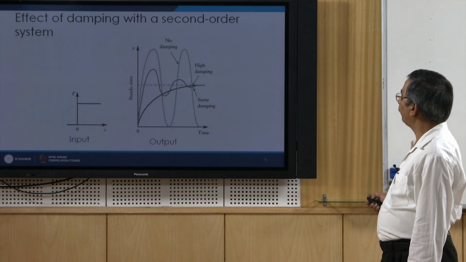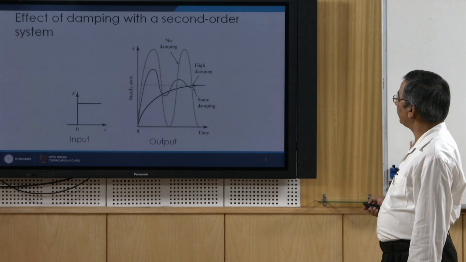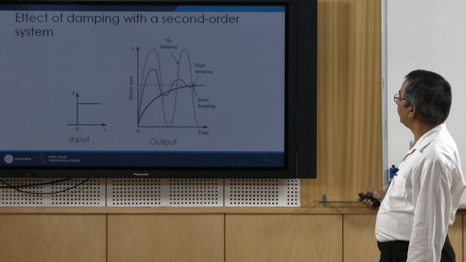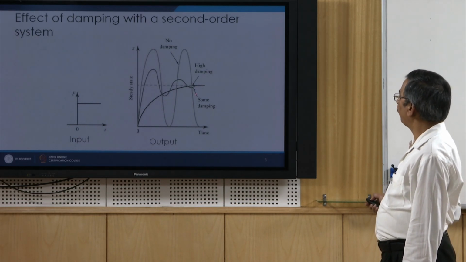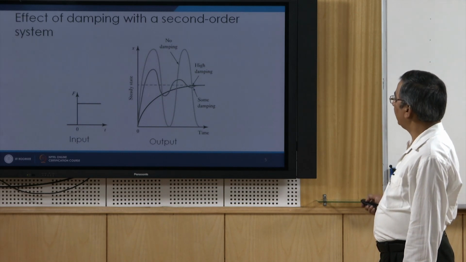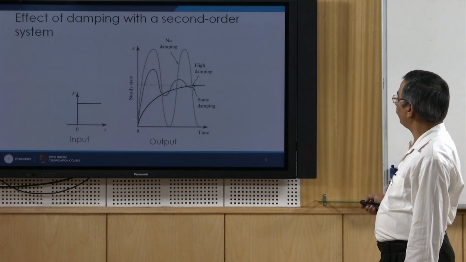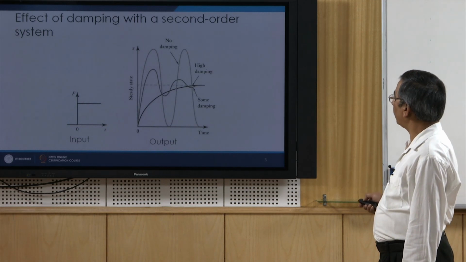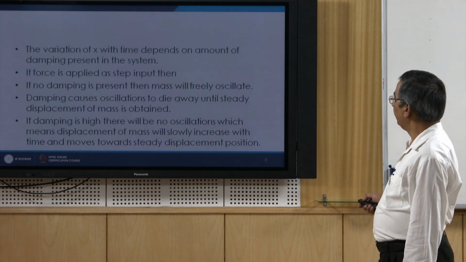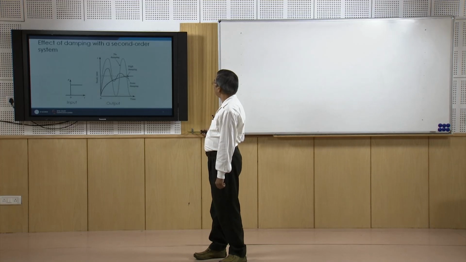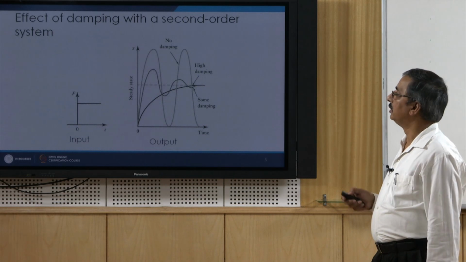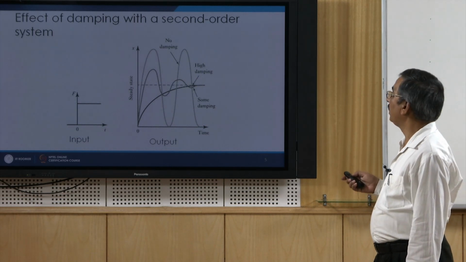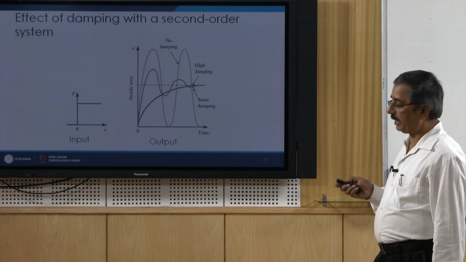If there is some damping present, then initially there will be some transients, and after some time we will have the steady state value. If high damping is there, then these oscillations will be very small, or almost not there. The values will gradually increase and reach the steady state value. This is how the system behaves with damping.